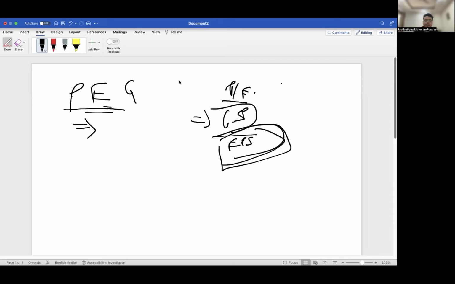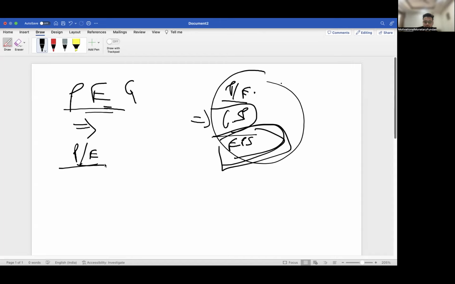And that is why the price earning growth ratio comes into account. It overcomes the biggest limitation of the price to earning ratio. It takes into account the price to earning ratio in the numerator. So this whole ratio that we have calculated, both numerator and denominator, this whole price to earning number becomes the numerator of the PEG ratio.